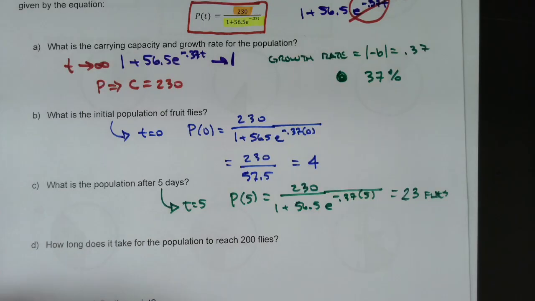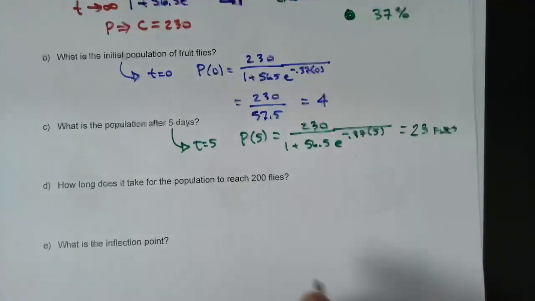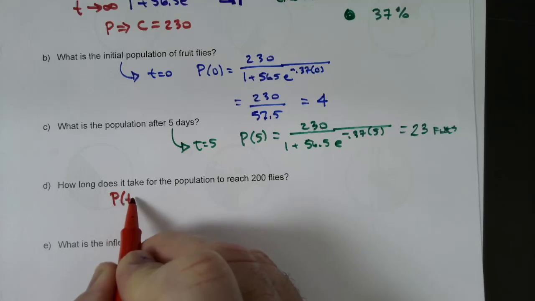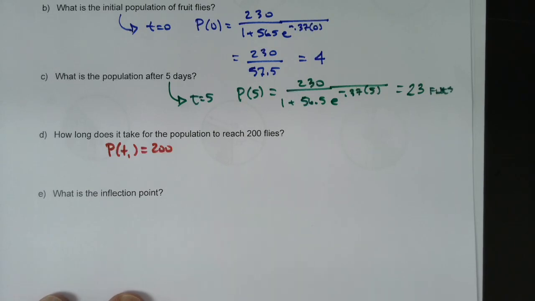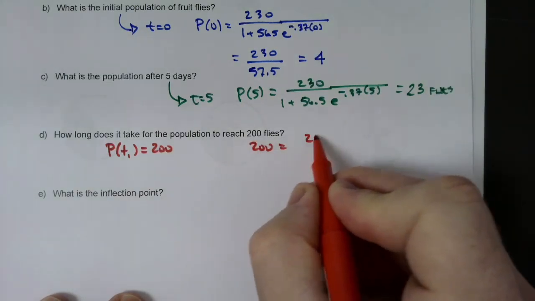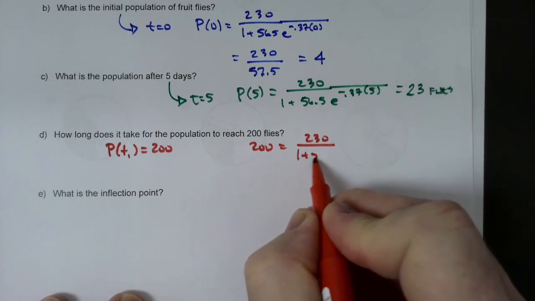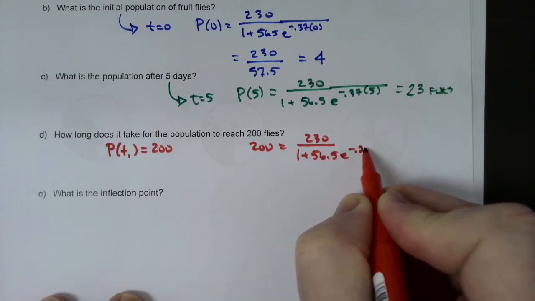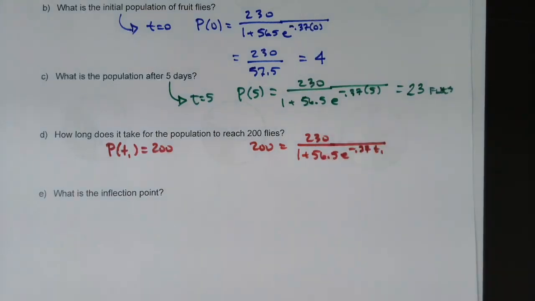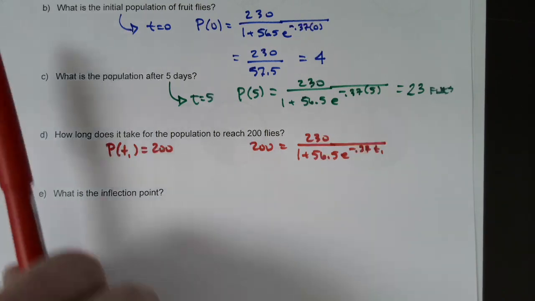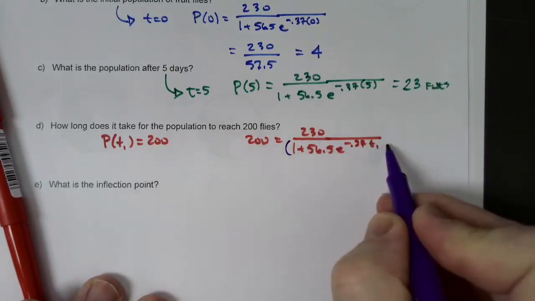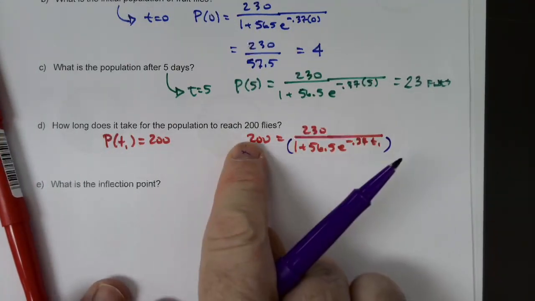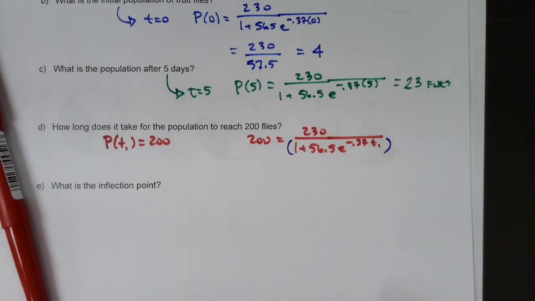Okay. Well, let's see what we get here. This is P of t1 equals 200. We're trying to find that time. So this will be 200 equals 230 over 1 plus 56.5 e to the negative 0.37 times t1, and solving for that. What I'm going to do is bring this out by multiplying both sides by the denominator here, and while I'm doing that, I'll divide both sides by 200.